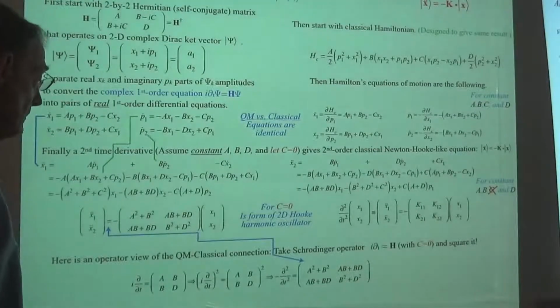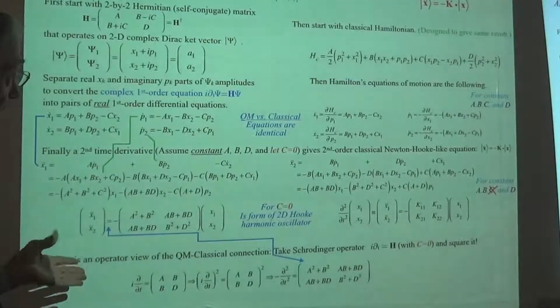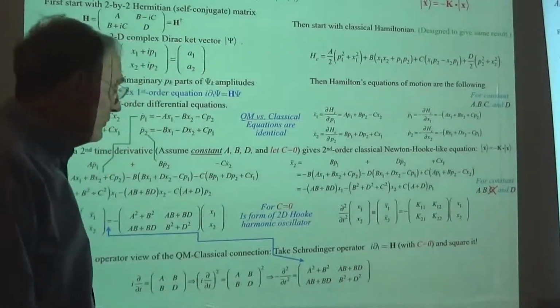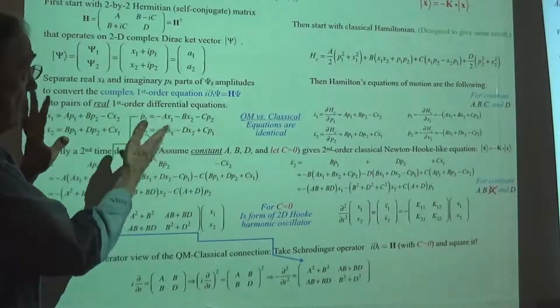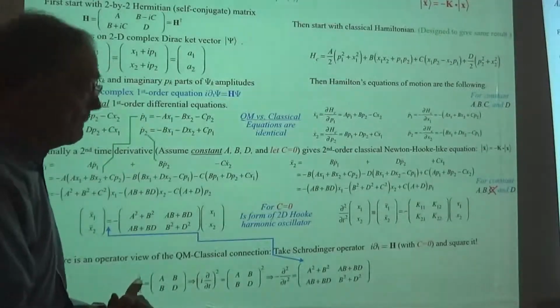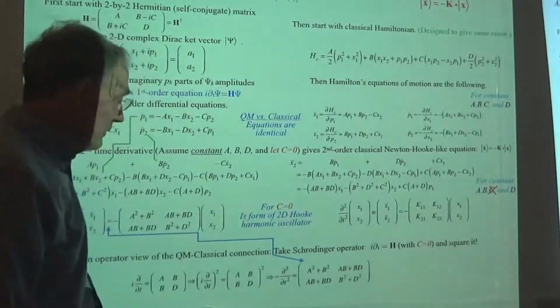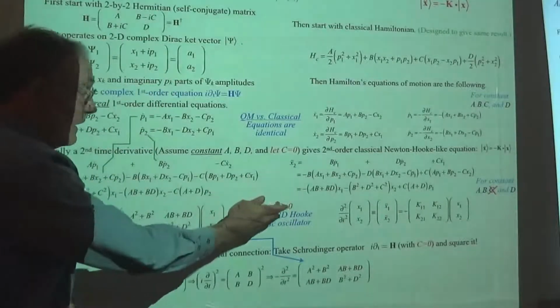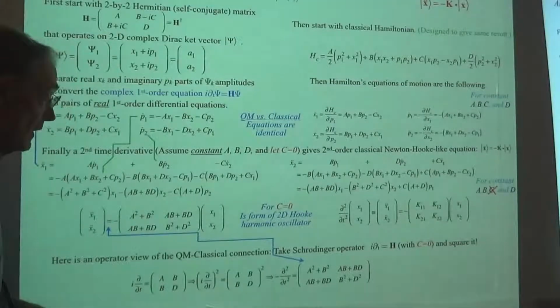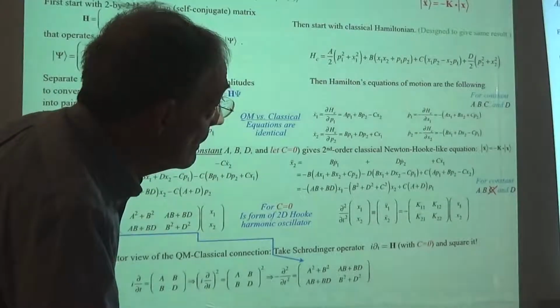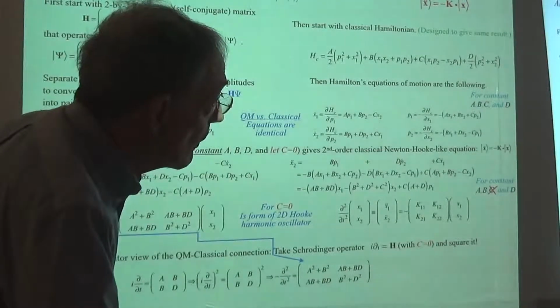So at this point you say, okay, I have an operator view of a connection between the Schrodinger quantum equation and a very special classical oscillator equation. It's also something that's been taken out of that quantum mechanical system that had 4 parameters.